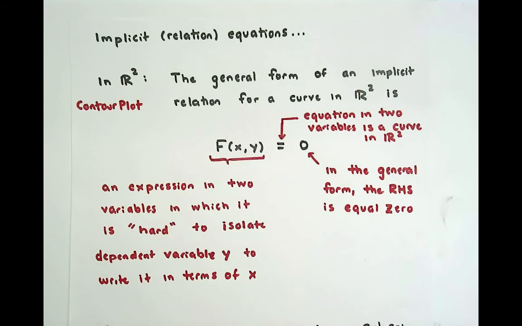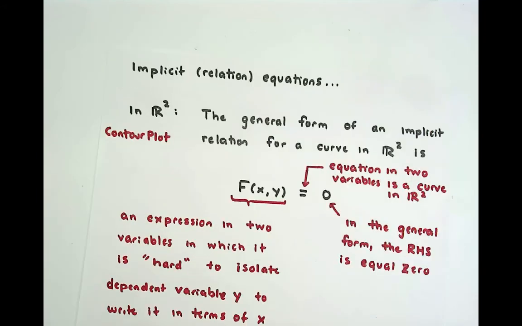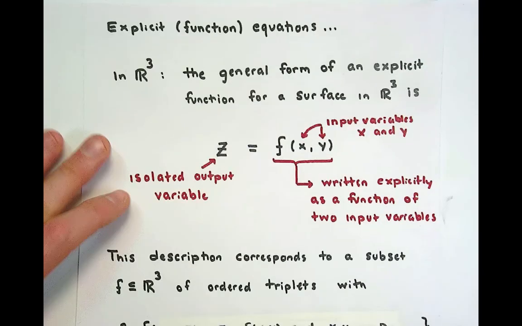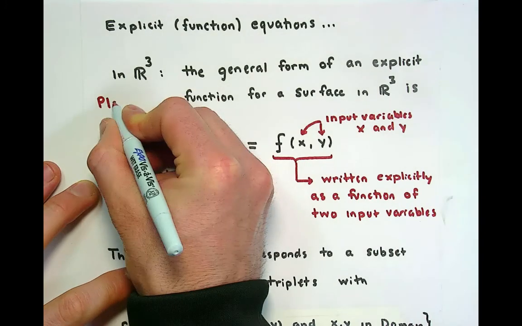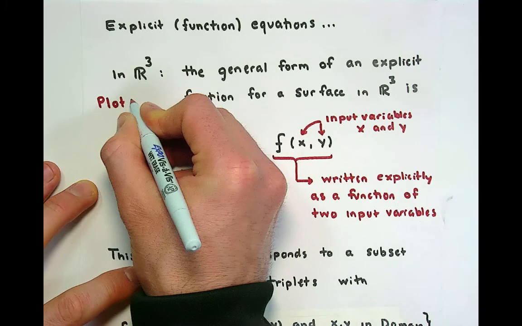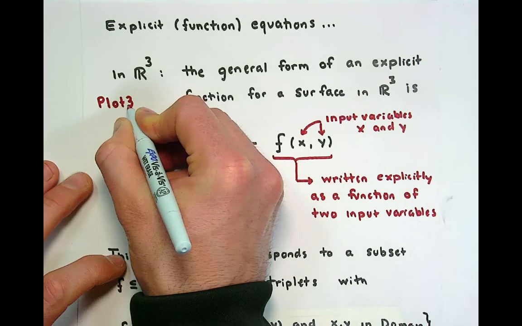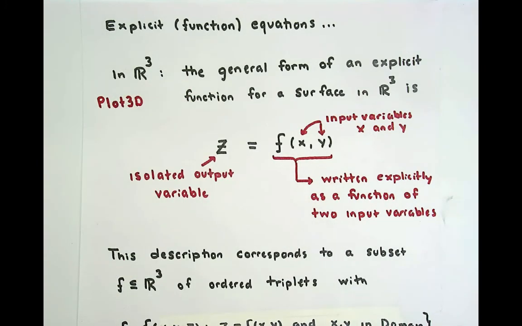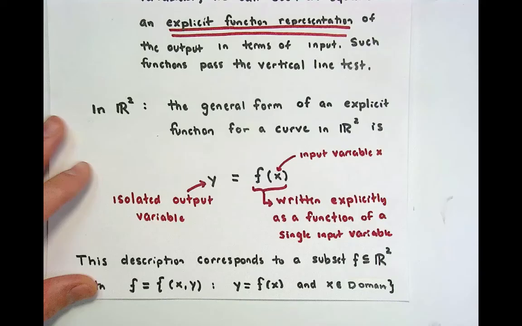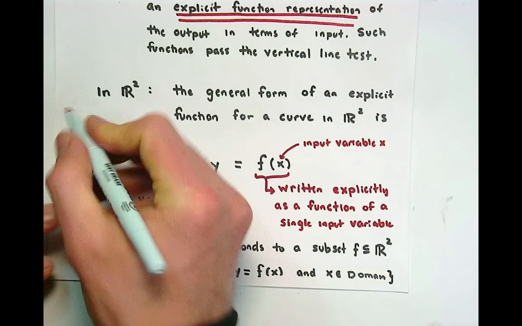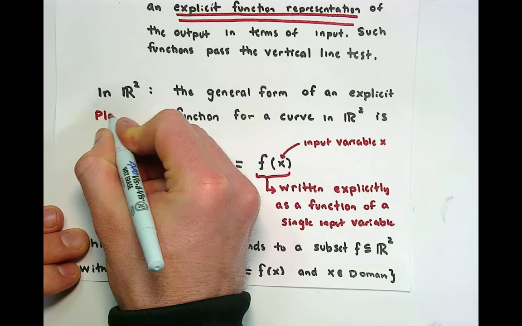Anytime we have an explicit function equation, instead of using ContourPlot, we'll use the Plot command. So if we have an explicit function in R3, we'll use the Plot3D command. And then an explicit function in R2, we'll use the Plot command. So these are kind of the distinctions.